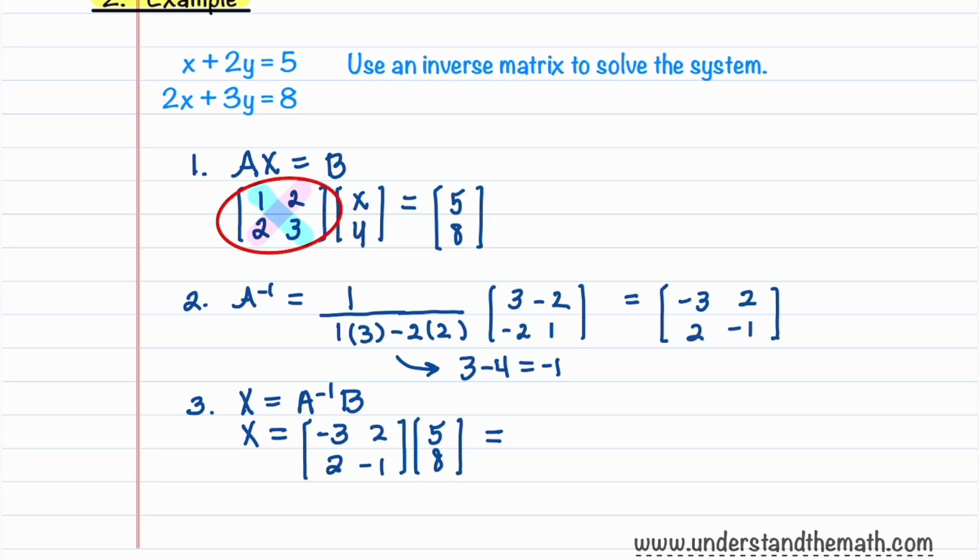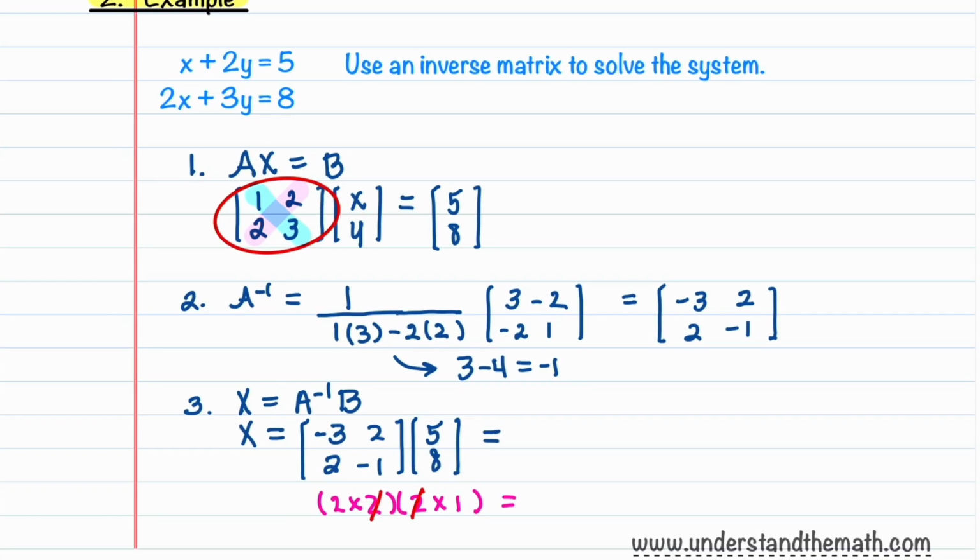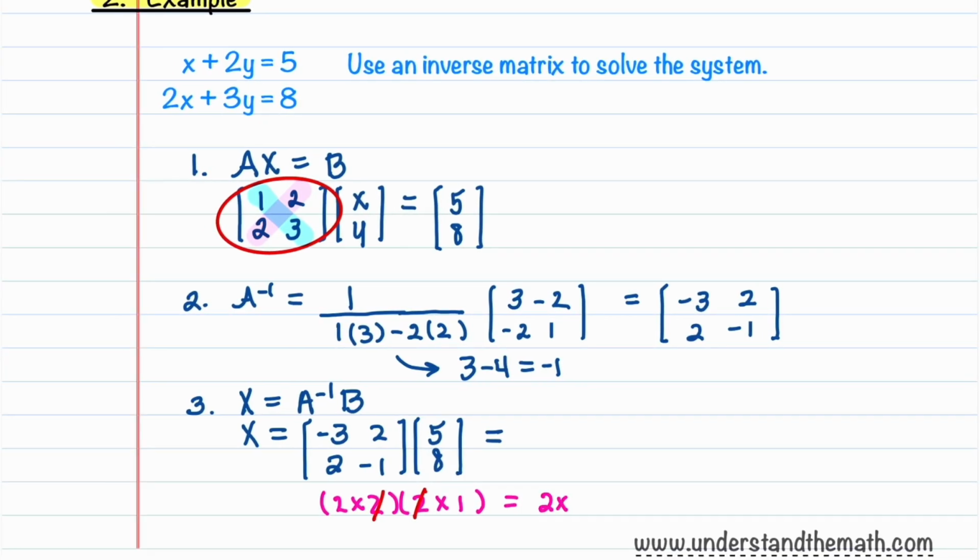Let's look at the sizes of our matrices so we know what the size of our answer is going to be. We have a 2 by 2 matrix, and it's going to multiply a 2 by 1 matrix. That's because the matrix that has the 5 and the 8 in it has 2 rows and 1 column. We ignore these numbers, and we end up with a 2 by 1 matrix.